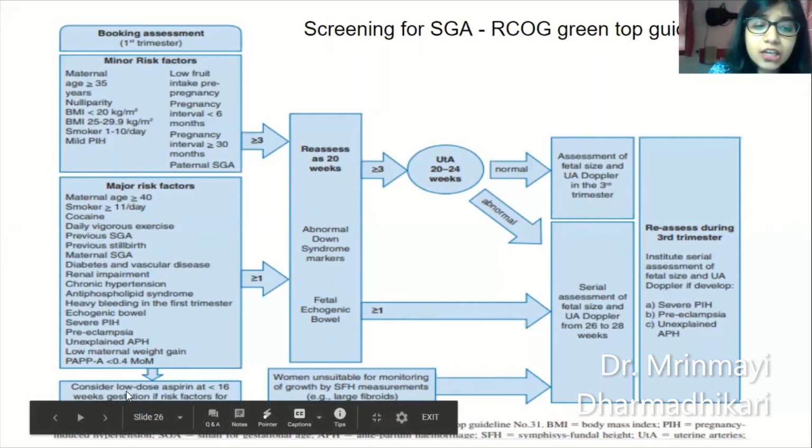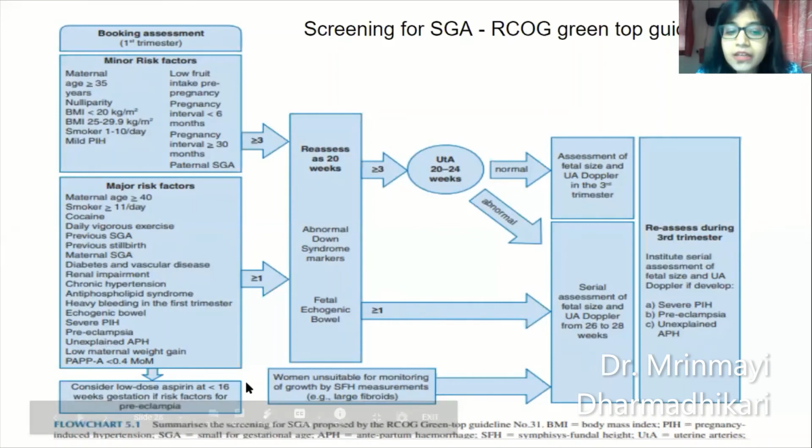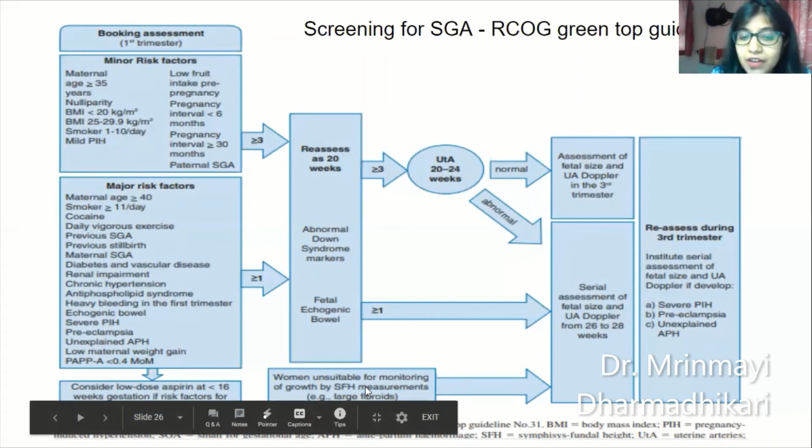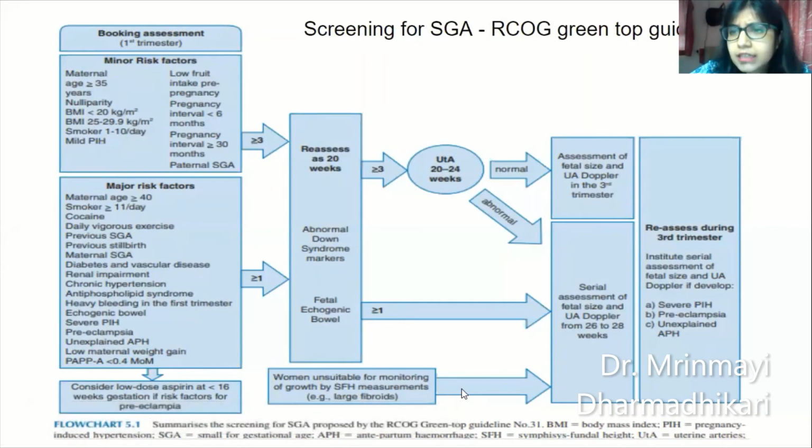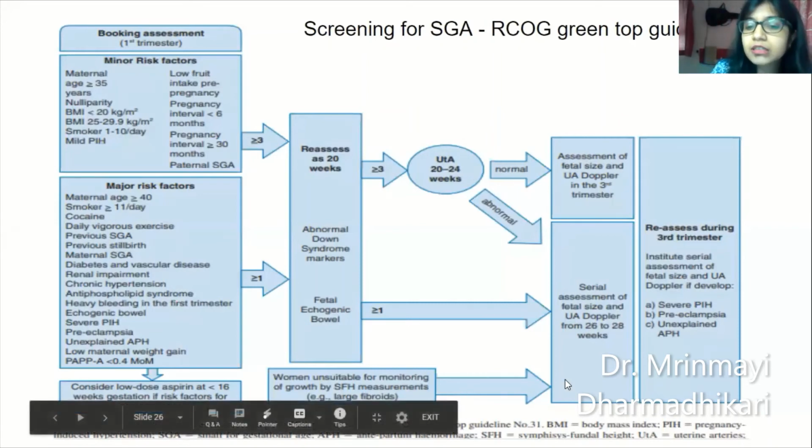Important point, consider low dose aspirin at less than 16 weeks of gestation if there are any risk factors for preeclampsia present. And women who are unsuitable for monitoring of growth by symphysiofundal height, for example, if someone has a large uterine fibroid, then the symphysiofundal height measurement will not be accurate. In these women, subject them to serial sonographic assessment from 26 to 28 weeks onwards itself.